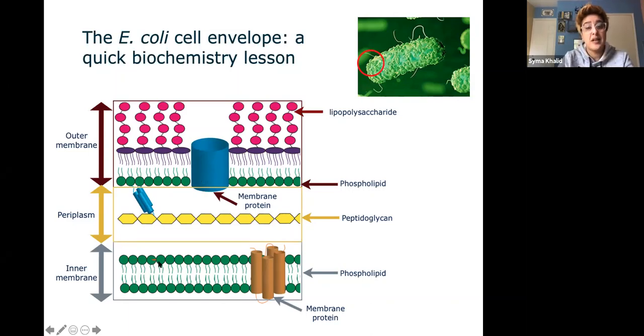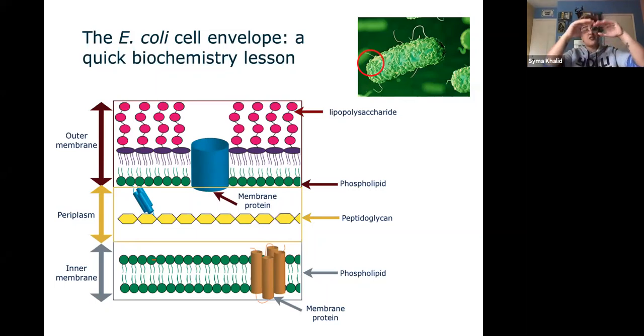The inner membrane is, by comparison, more simple. It has phospholipids on both sides. And of course, there are proteins jam-packed in both membranes. The region in the middle, the periplasm, is aqueous, but it contains what's called the peptidoglycan layer. This is also called the cell wall, and it provides a sort of skeleton. It gives rigidity to the cell.